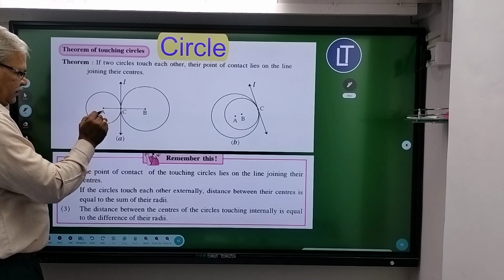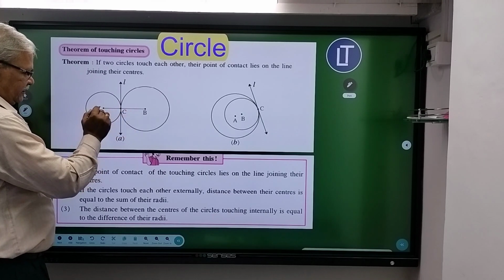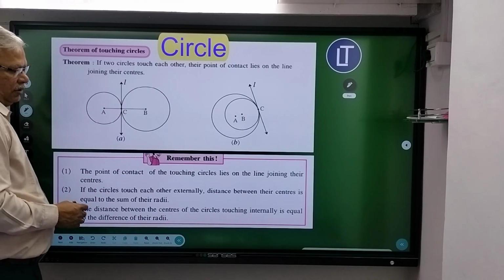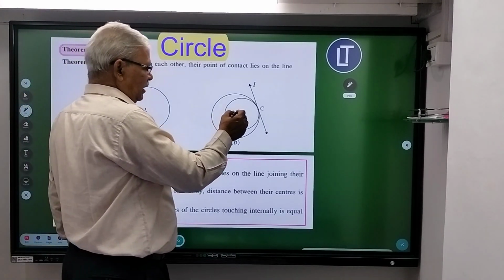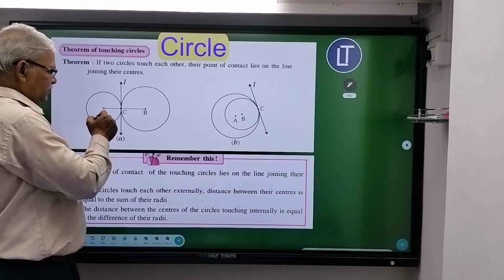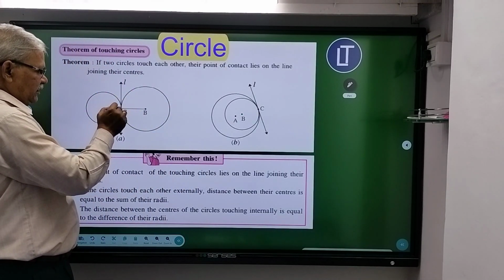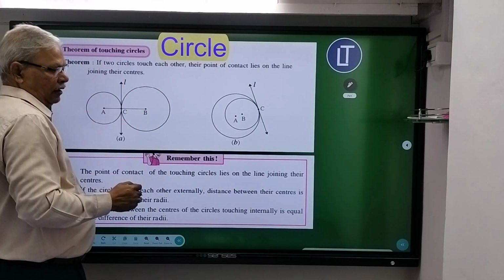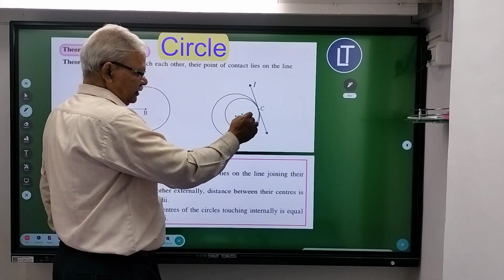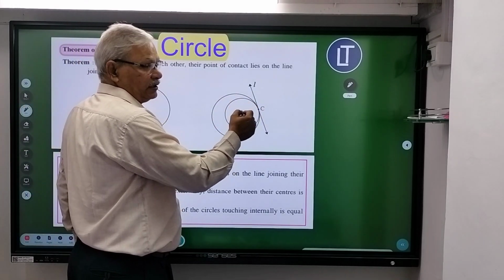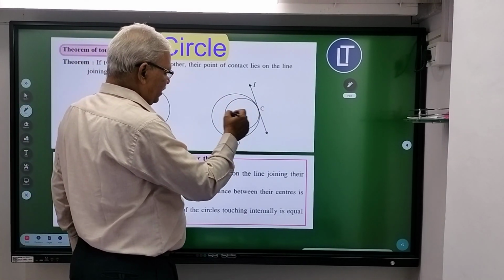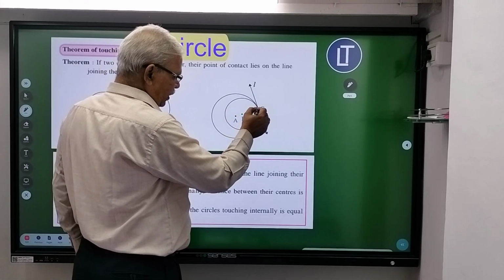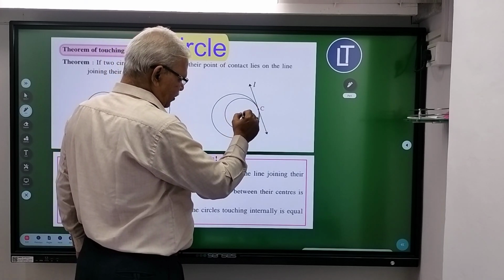This point C is on the line segment AB. Here the circles are touching externally, and here the circles are touching internally. But in both cases, the point C will lie on the line.